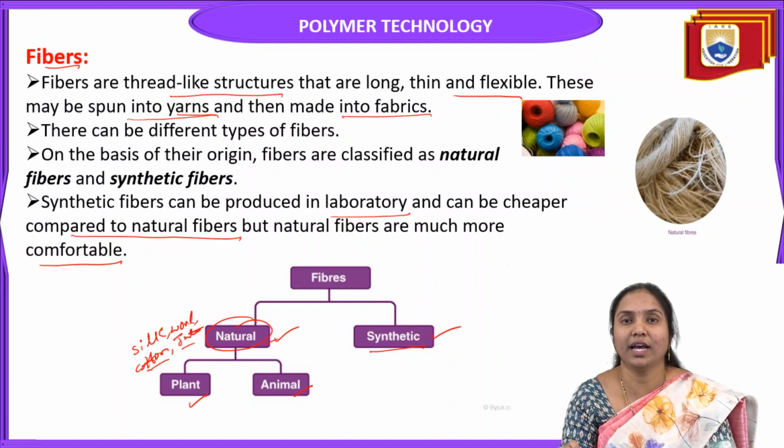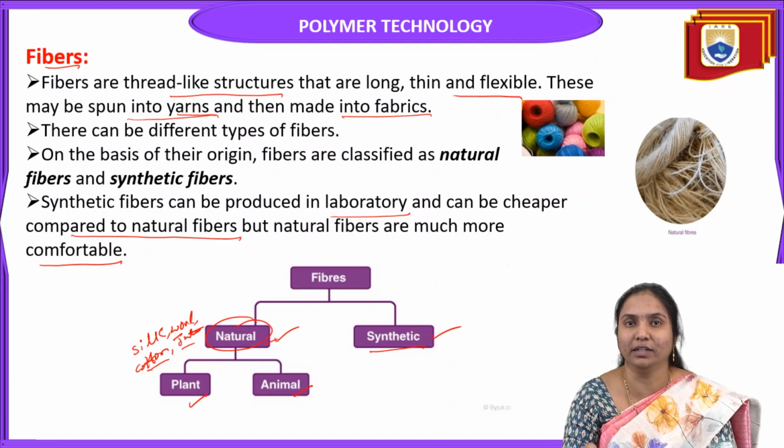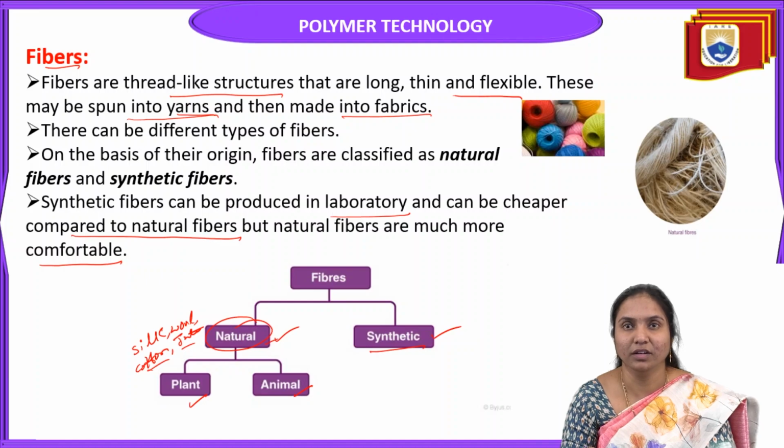A fiber is a high tensile strength filament-like material, a thread-like structure that is long, thin and flexible. These fibers may be spun into yarns and then made into fabrics.